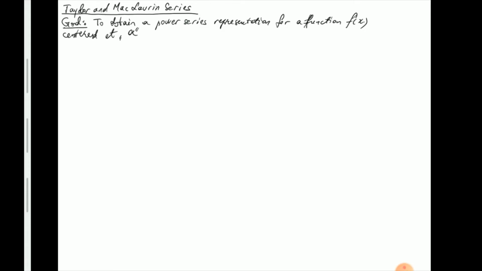So the goal then is to write the function as the summation of c0 plus c1 times x minus a, c2 times x minus a squared, and so on, cn times x minus a to the power n, or with the summation notation, that's the summation from n equals 0 to infinity of cn times x minus a to the power n.